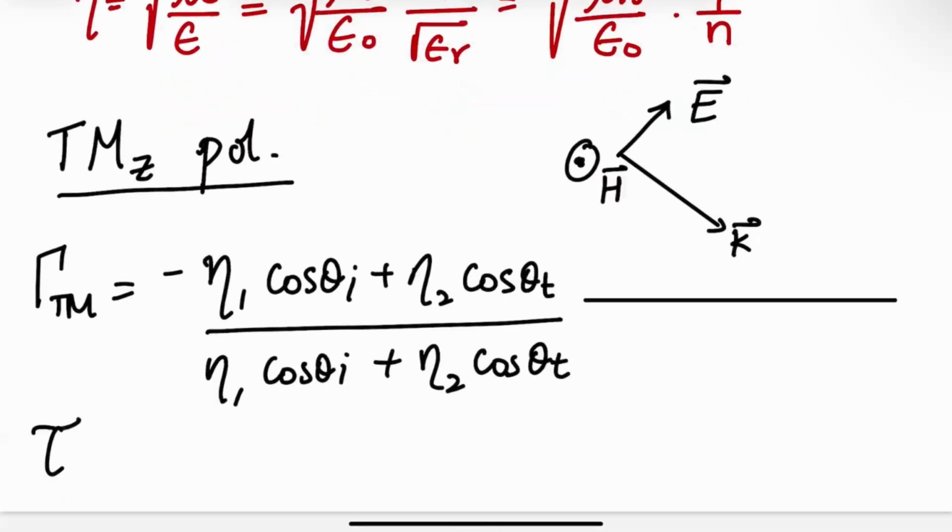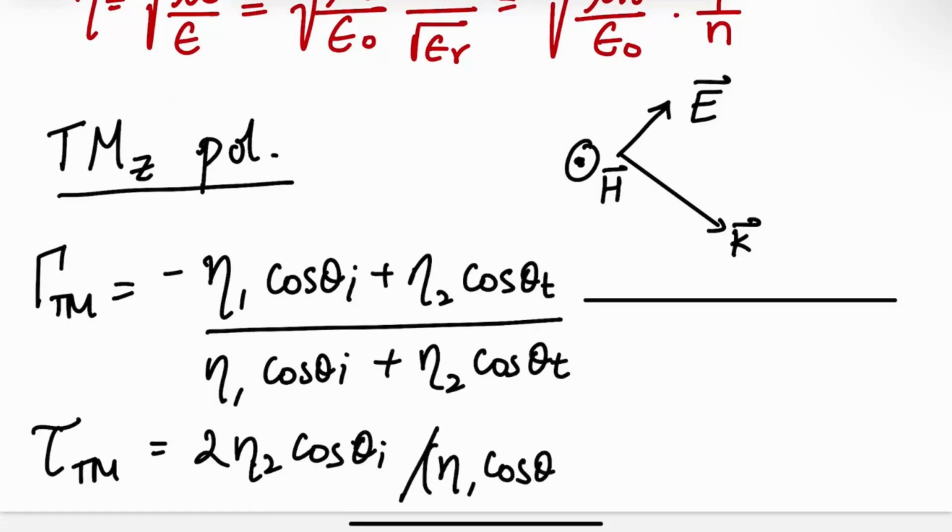And similarly, tau TM is 2 eta 2 cosine theta i divided by eta 1 cosine theta i plus eta 2 cosine theta t. That's the Fresnel transmission and reflection coefficients for the TM polarization.